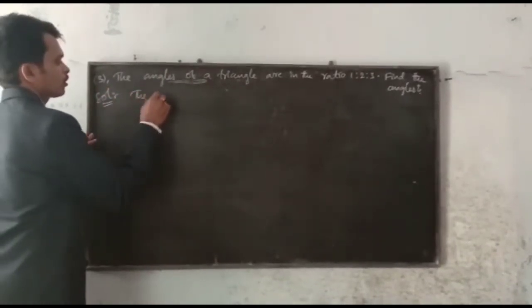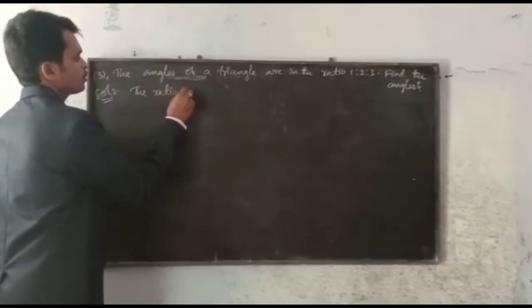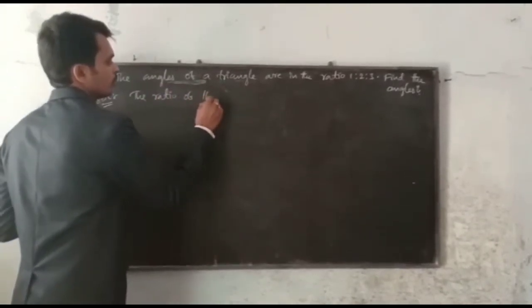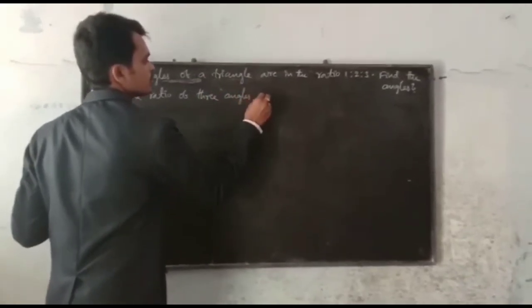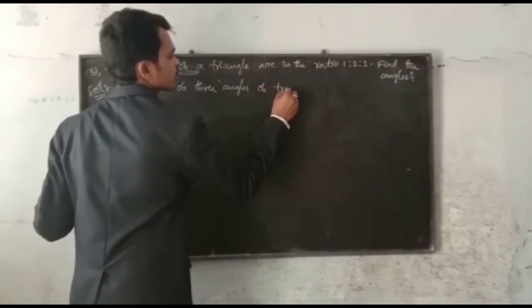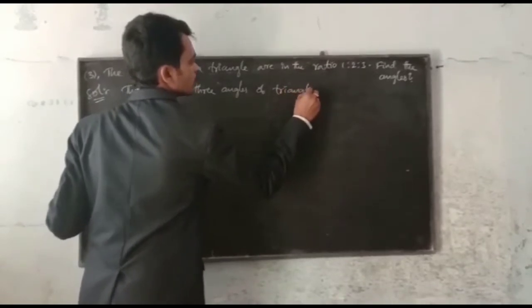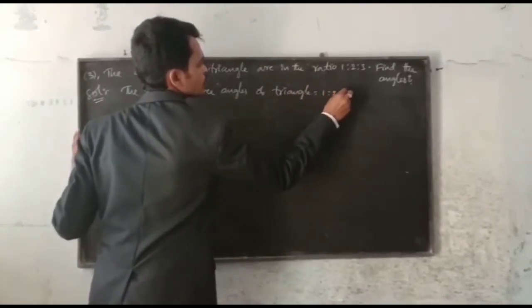So solution. The ratio of three angles of a triangle is equal to 1:2:3.